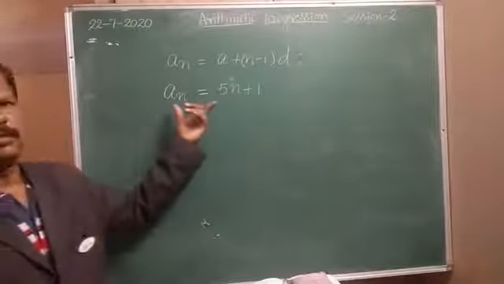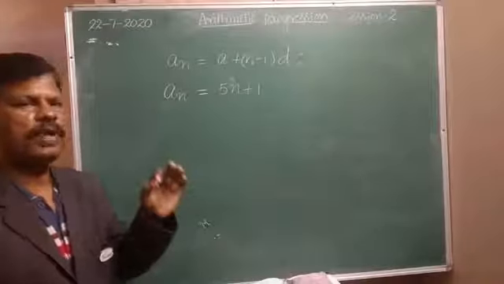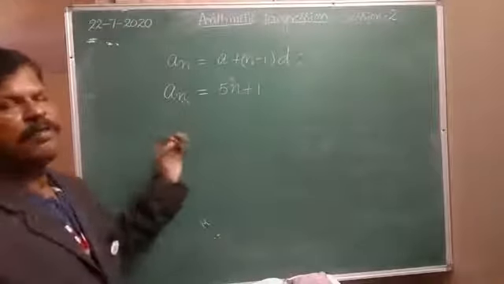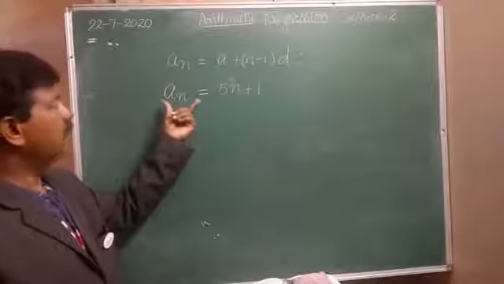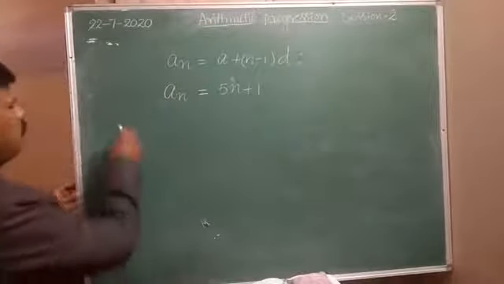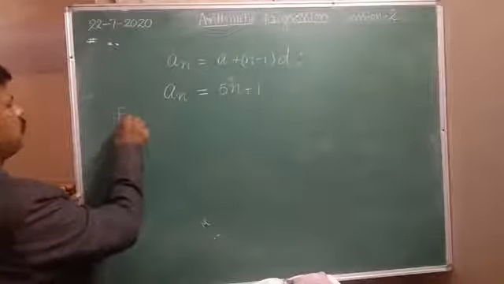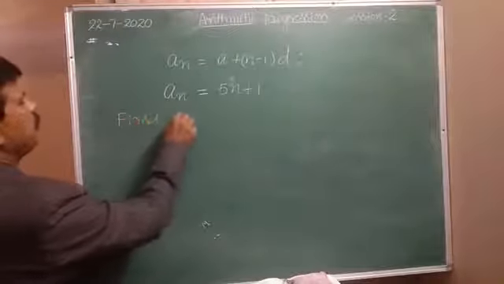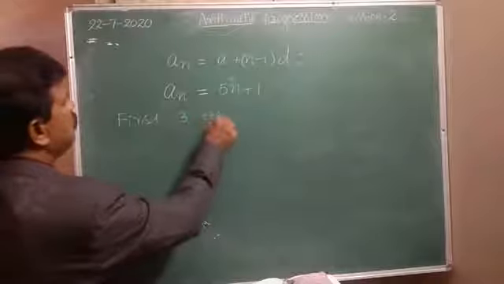The nth term, that means the term of a sequence, is described by this. Then find the first three terms.